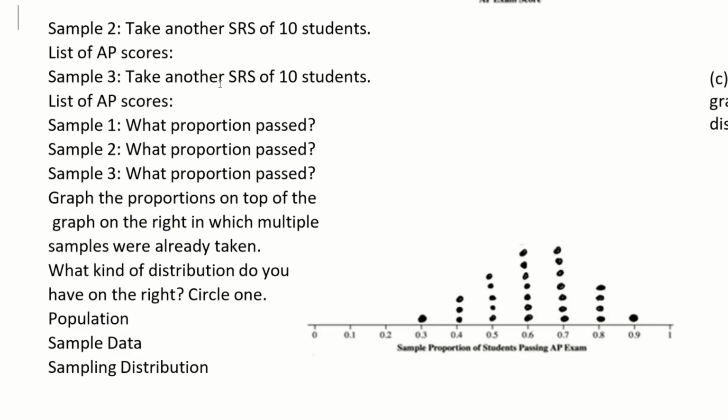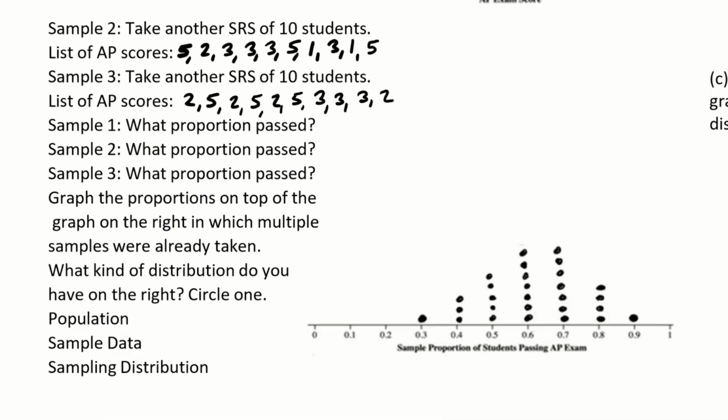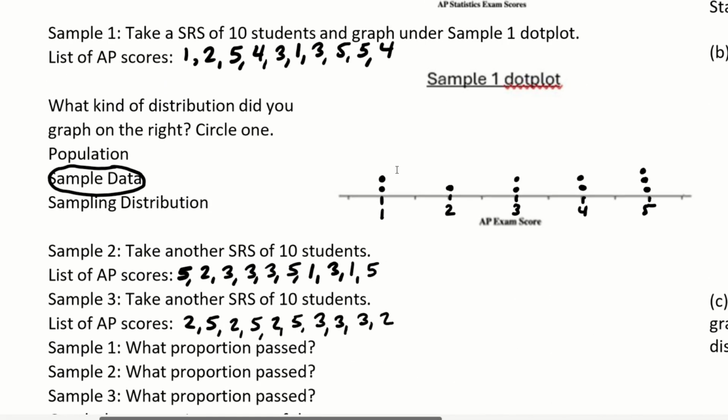All right, so I went ahead and took the other two samples, using randInt on the calculator, and then figuring out which student from that had the AP score and listing them out. So we have taken 3 simple random samples of size 10 so far.